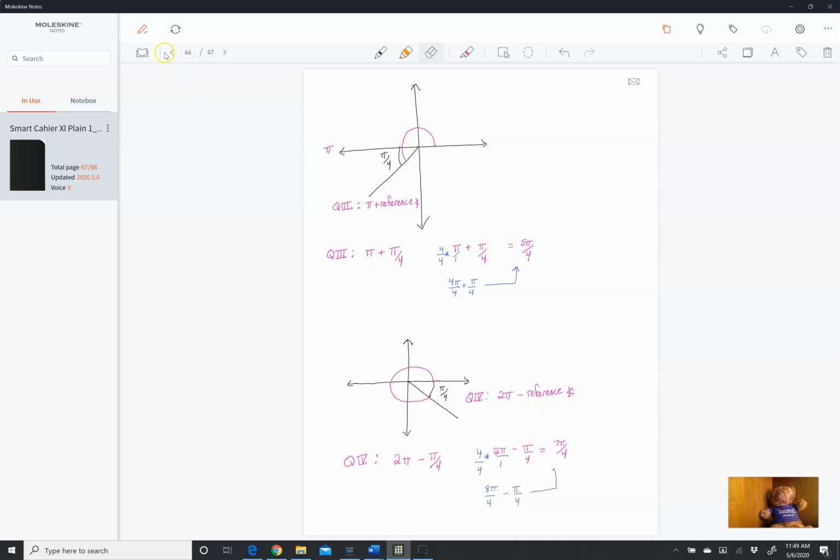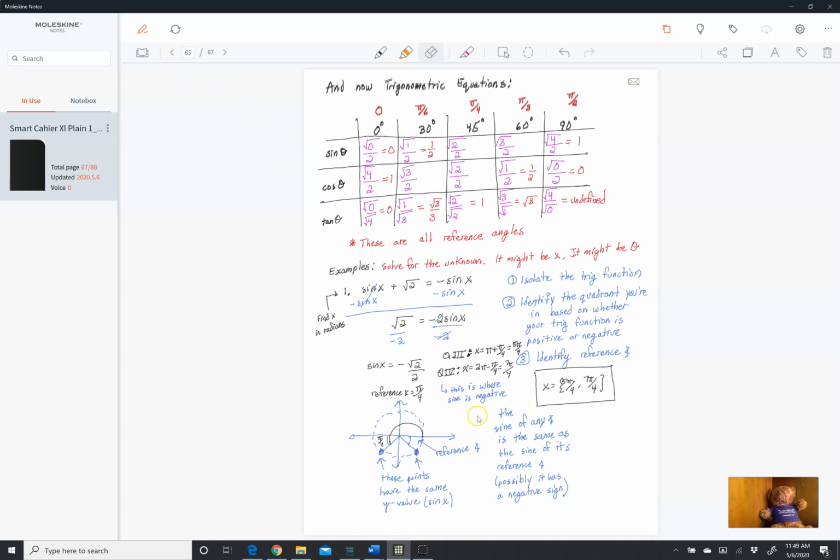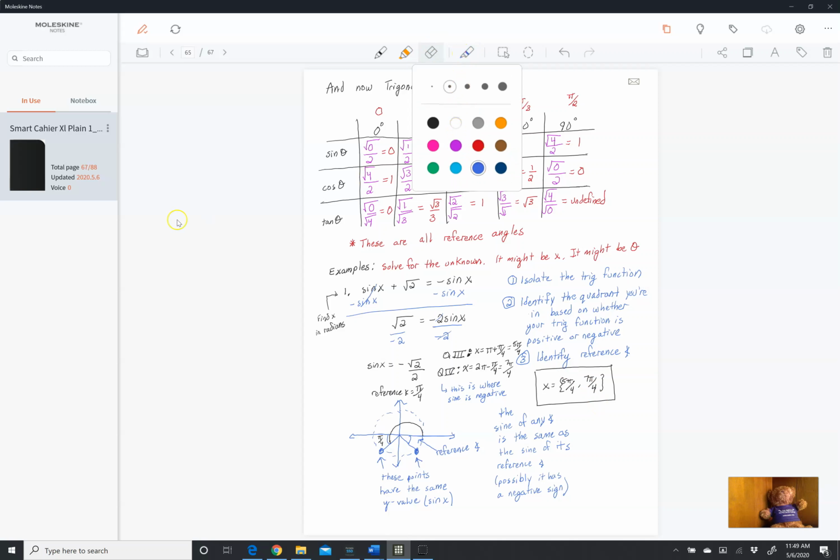And this is just to help you find the angles. Once you find the reference angle, then you can find the actual angle. So that would be your step 4. You're finding your actual answer.